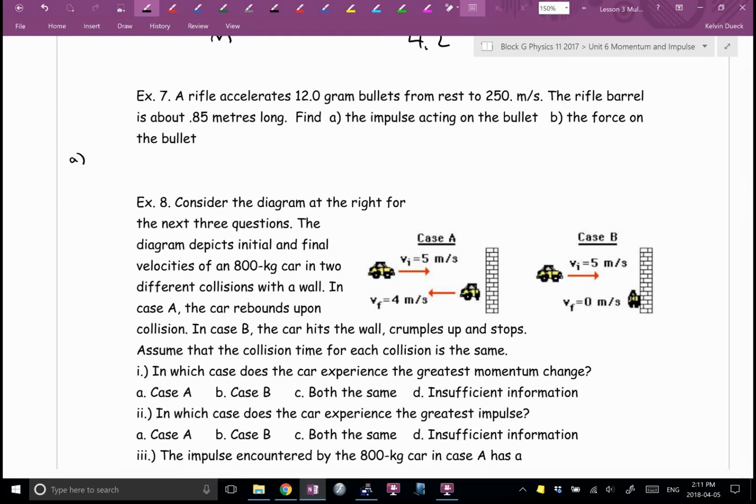What's another word for impulse? You know what? I'm going to write down delta p equals, and I don't know where I'll go from there. Now I'm going to read. Folks, what do you think? Am I going to use the final and initial velocity impulse, or the force time impulse?